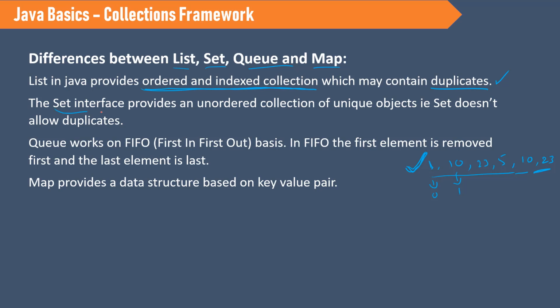Now the set interface. Set interface is an unordered collection. That means if we add these elements into a set, it won't maintain this order. It will be something like 1, 5, 10, 23. Moreover, it's a collection of unique objects, so it doesn't allow duplicates.